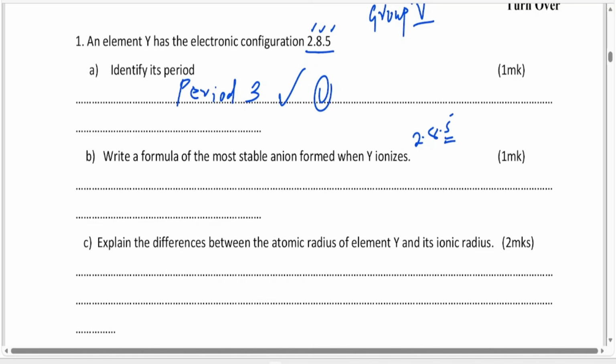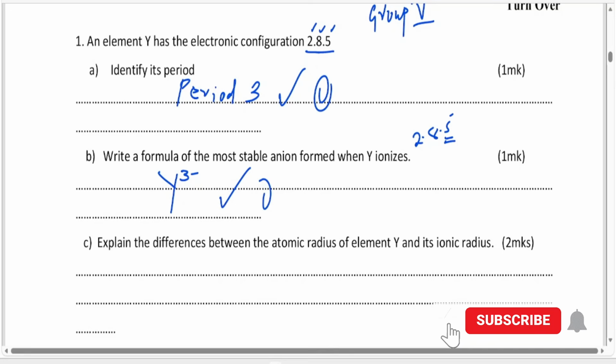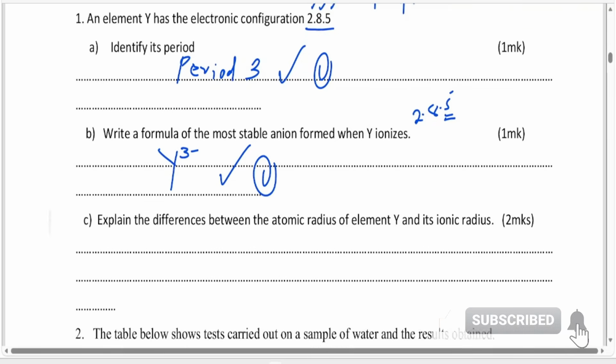Therefore, the most stable ion for this element shall be Y with a charge of 3 minus. This means it gains 3 electrons for it to be stable. Therefore, that is the correct answer for that question.